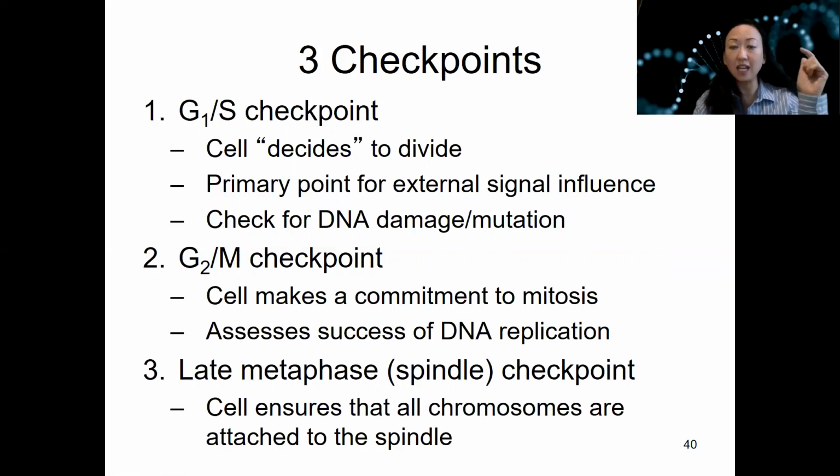If it is, then it shouldn't go into S. It shouldn't let one become two, because the genetic material is damaged, and copying another version of itself is actually forming another mutant in the body. So that's not good. Okay, so that's the first checkpoint, G1 into S. What does it check? It checks for DNA damage and mutation. If there's damage or mutation, the cell should stop and actually fix it.